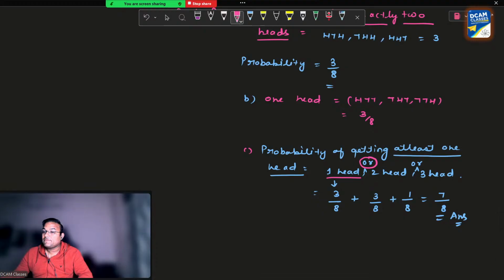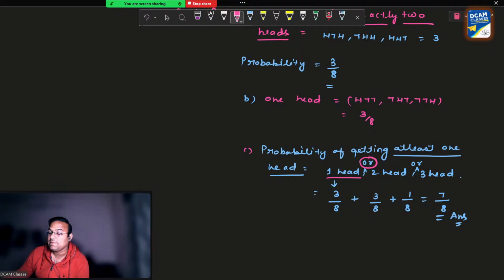Here I have written or: one head or two heads or three heads. So I'll be using the addition principle, plus, and again here I'm using or, again addition, because or means addition and and means multiplication.